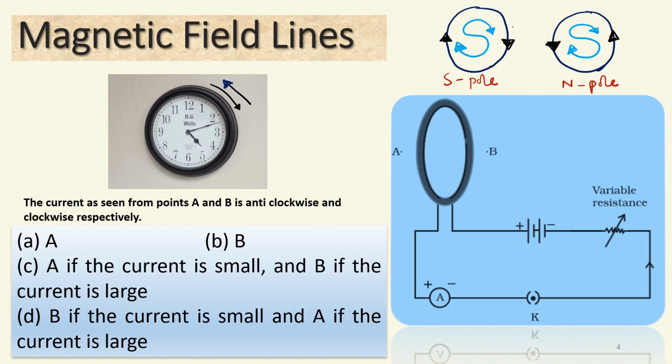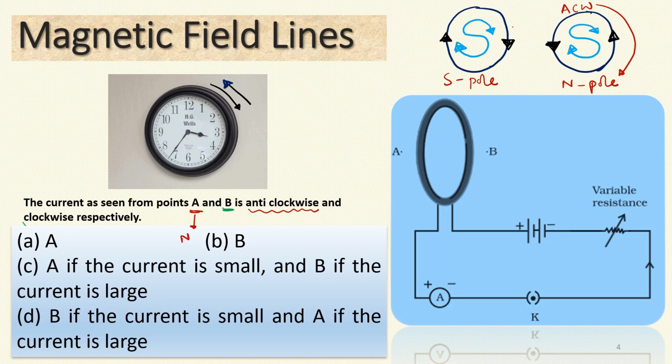The question says at point A it is in the anti-clockwise direction. Current is moving in the anti-clockwise direction, so anti-clockwise direction leads to north pole. So A is going to be the north pole, and the other one, here, B.